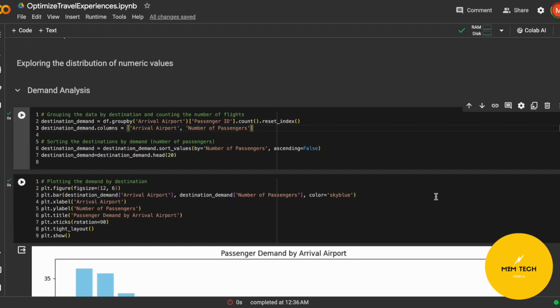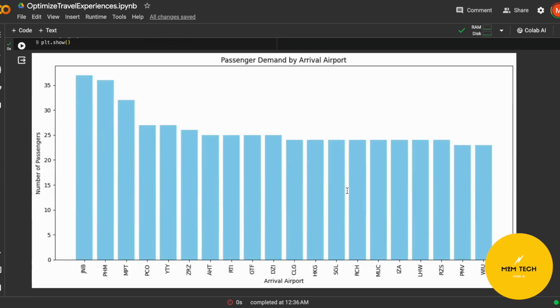So I started off by performing some demand analysis where I'm trying to understand passenger demand by arrival airport and also the passenger demand by the departure airport. On plotting this graph, I understand that there's a huge passenger demand from this airport JNB, which is an airport in South Africa.